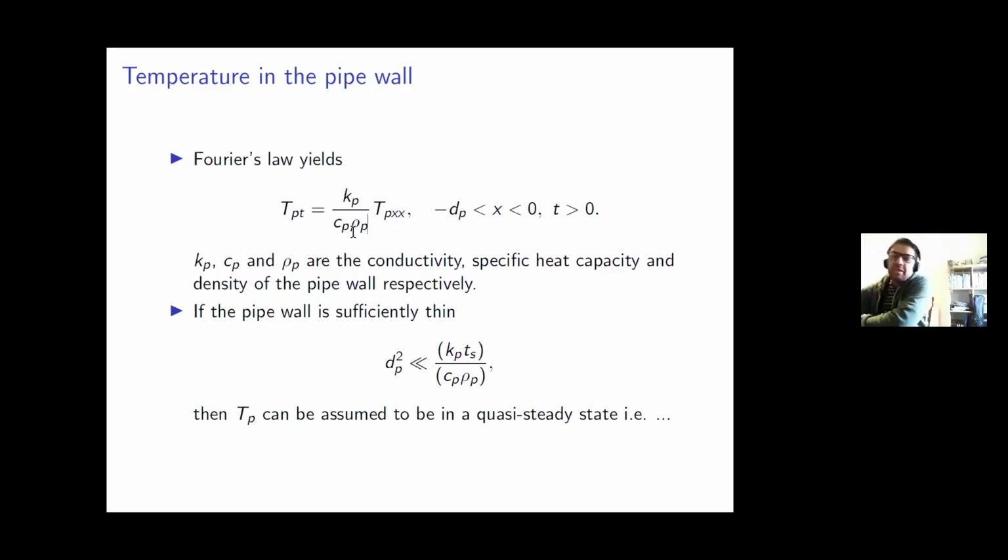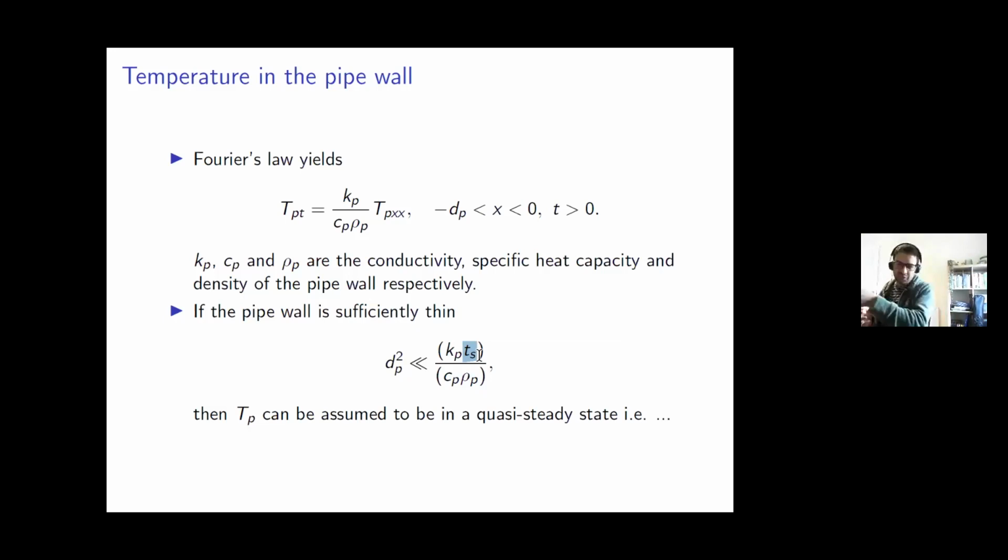Now, if your pipe wall is sufficiently thin, we've said sufficiently thin means that dp, the thickness of the pipe wall, squared, is substantially less than Kp times Ts divided by Cp ρp. Now, Ts here is a time scale for wax layer formation, which we haven't defined yet, but we will define when we non-dimensionalize the problem.